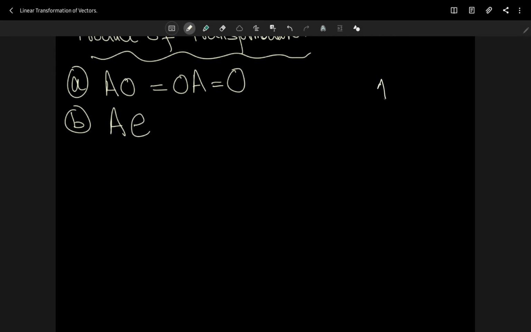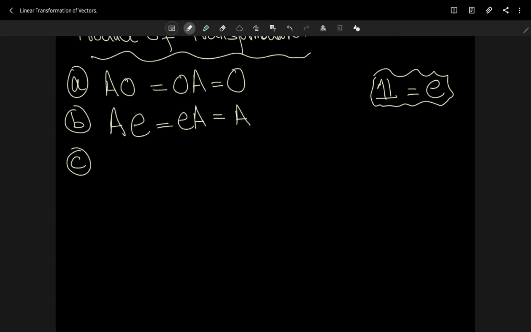Now you could write identity as this thing or as this thing. I'm going to use E for identity. So this is the same as identity first and then A, and it will give you back A. That's what the identity does.